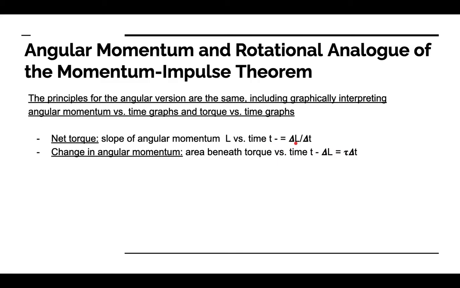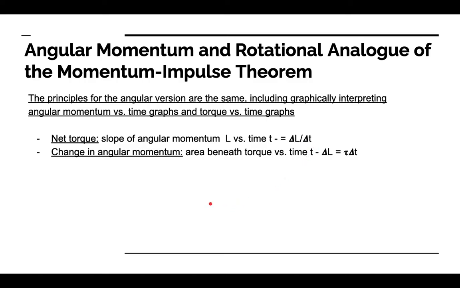So net torque is equal to the slope of an angular momentum versus time graph, which gives us our change in momentum over time. And again, we get that the same way that we saw with the momentum impulse theorem, where we divide both sides by t to get torque equals change in angular momentum divided by time, or the slope of an angular momentum versus time graph.